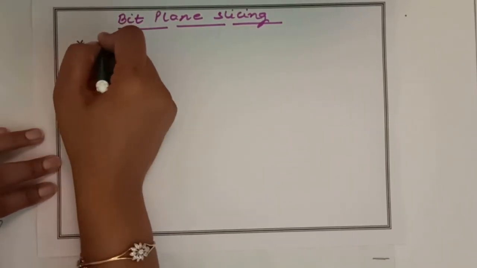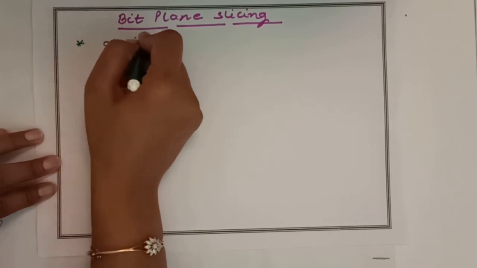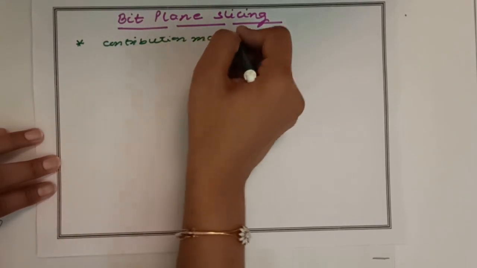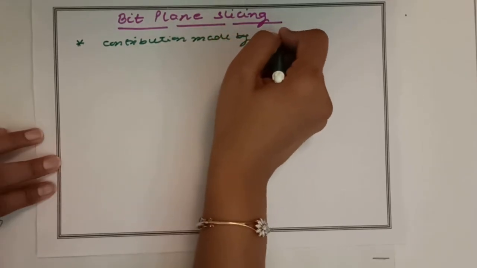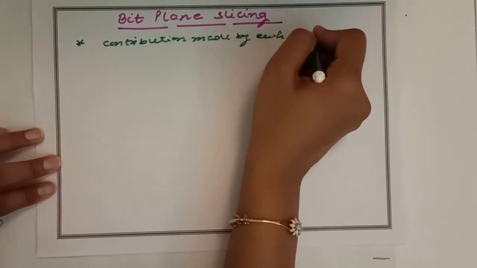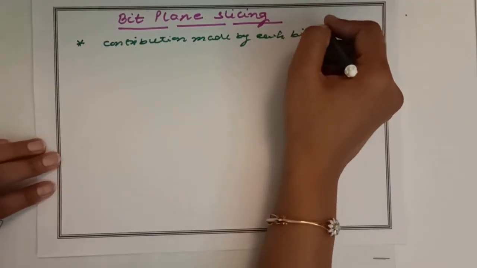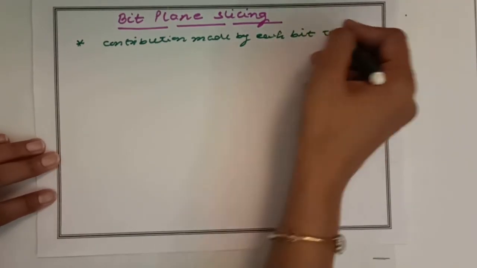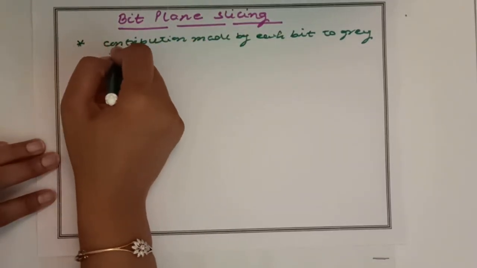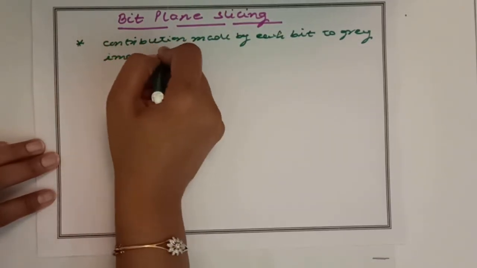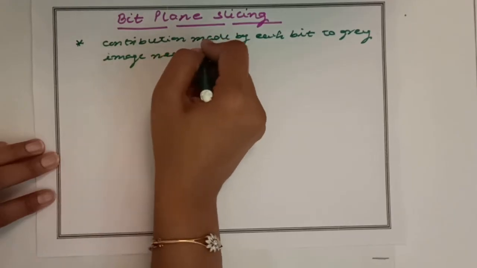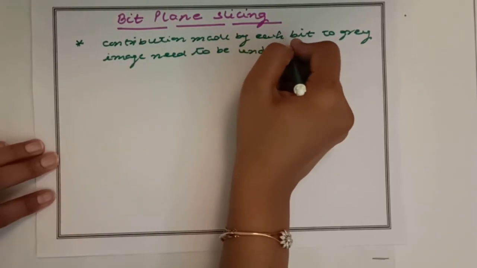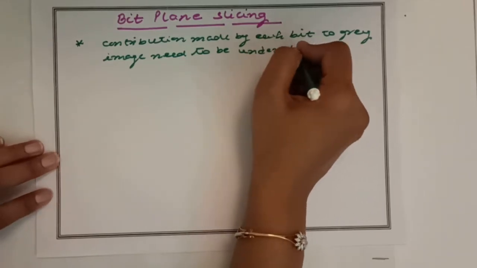So the contribution made by each bit to the gray image needs to be understood.